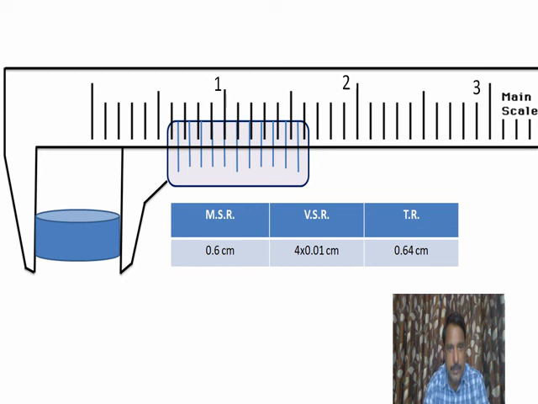Now understand friends, how much is this gap, how much it is more than 0.6 centimeter, that we are able to calculate by Vernier caliper. Now have a look at it closely. Have a look at this Vernier scale, and start looking at which division of the Vernier scale is coinciding with the division of the main scale.